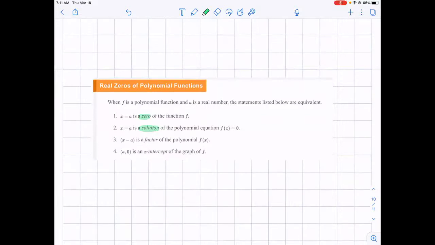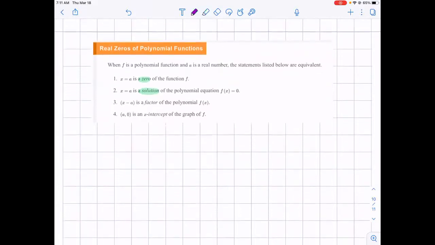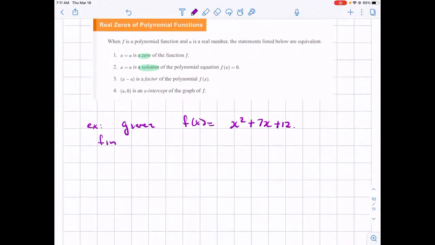Let's look at this because this is just new terminology to you. For example, given f of x equals x squared plus 7x plus 12, if I ask you to find the zeros, this is the same as finding the solutions.